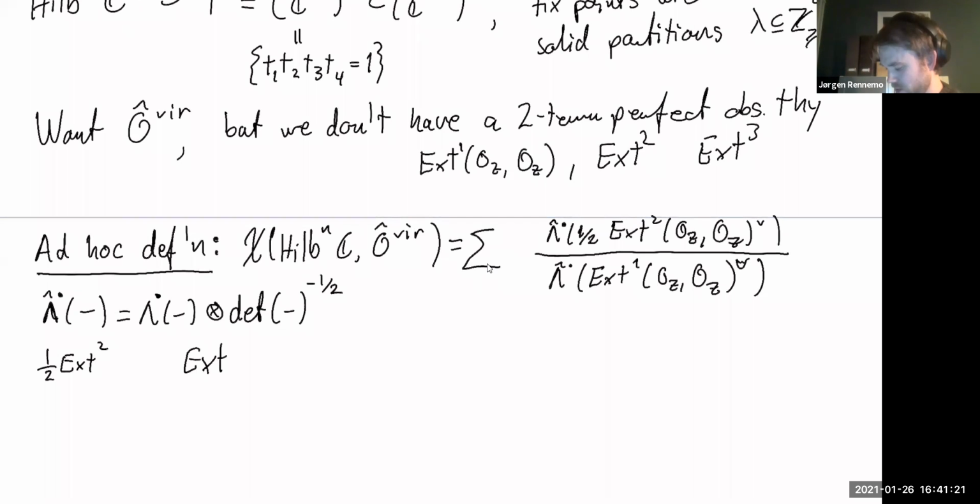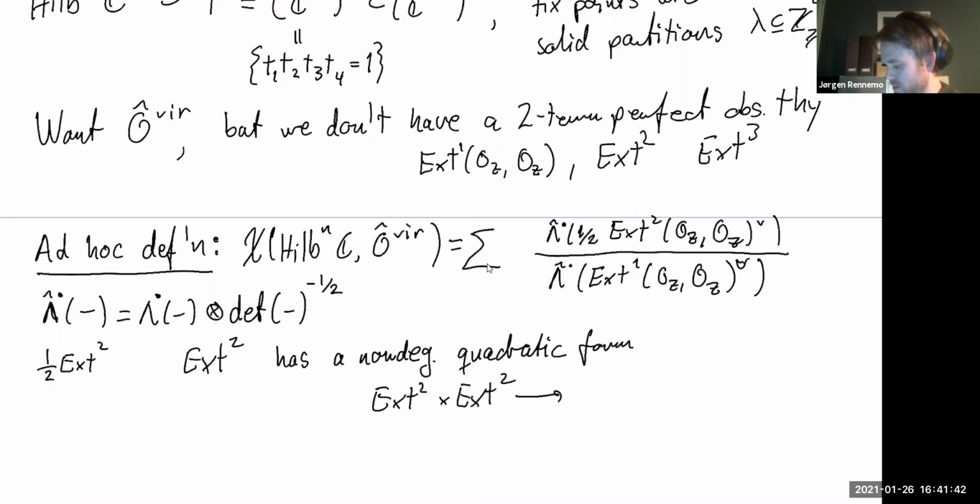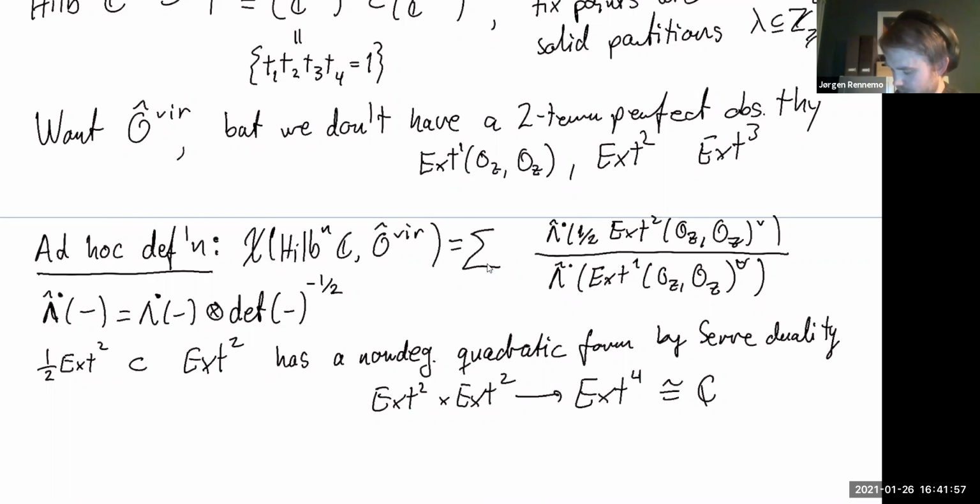Well, x2 has, in this case, a non-degenerate quadratic form on it, just by taking Serre duality: x2 cross x2 goes to x4, which is isomorphic to C, and Serre duality tells you this is non-degenerate. Then this thing is a maximal isotropic subspace.